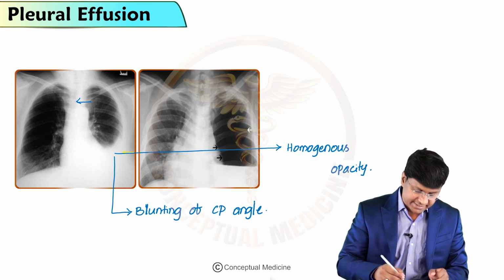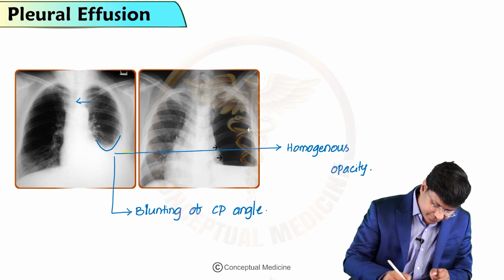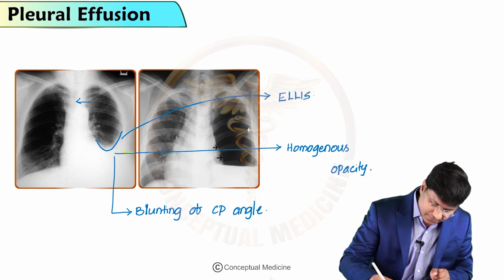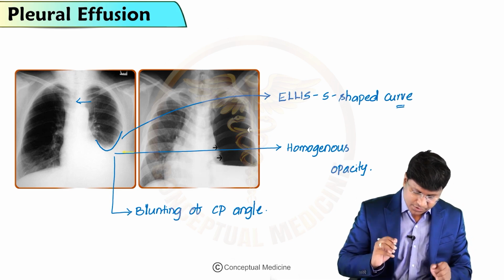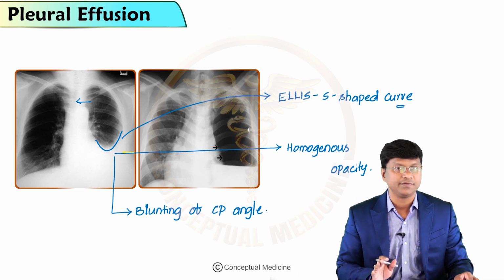And you have a characteristic curve that is called the Ellis S-shaped curve. So these are the features on the chest X-ray in patients with pleural effusion.